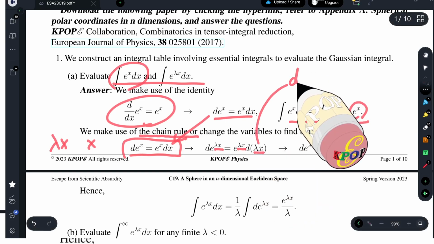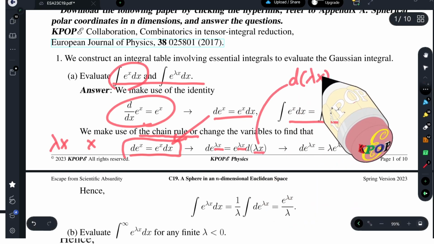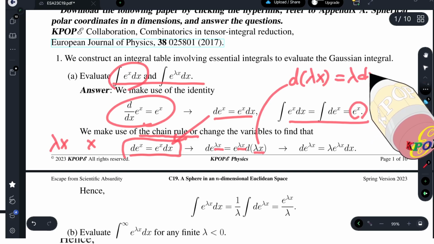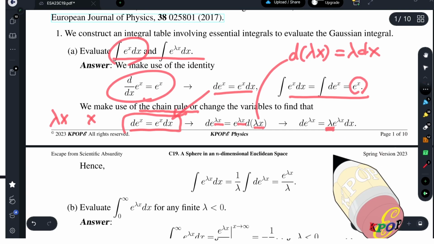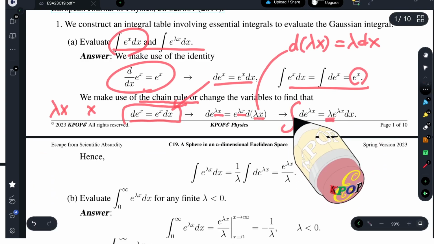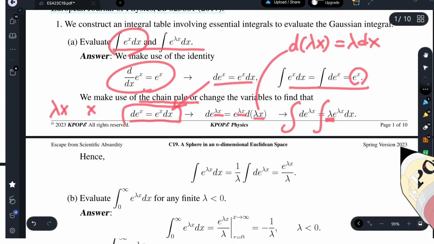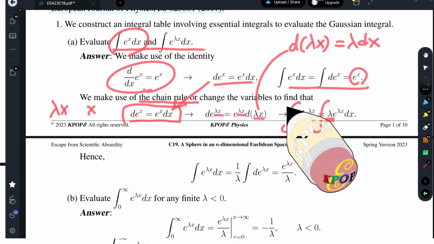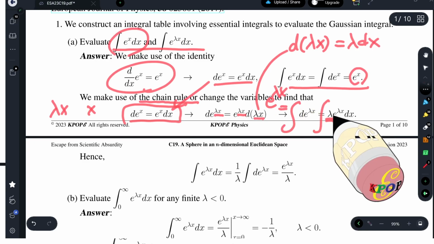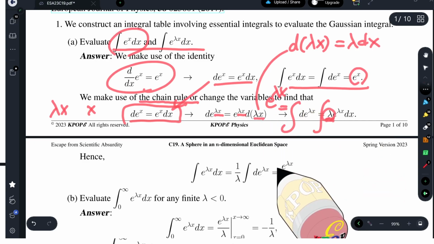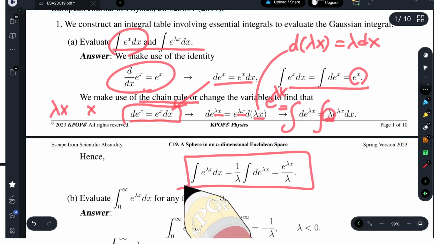We know the total differential of lambda x is lambda dx, because lambda is a constant parameter. As a result, we can integrate both sides, and this is nothing but e to the lambda x, and we divide both sides by lambda to find the resultant integral.